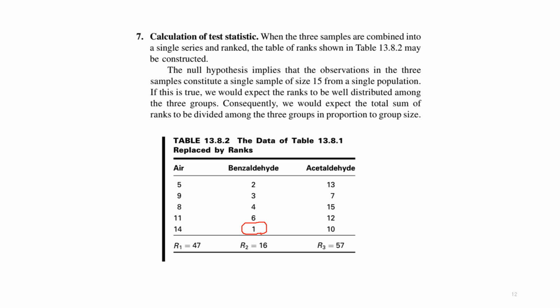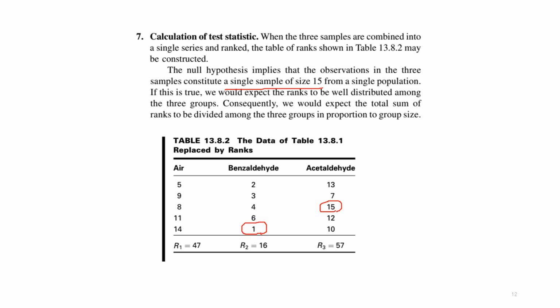The largest value is 15. We have 15 cases, not 30 or 36, I'm sorry, I'm a little mixed up. The sample size is 15. So the lowest value gets rank 1, the highest value 15.